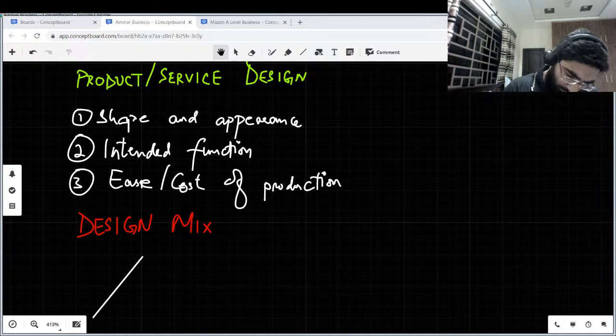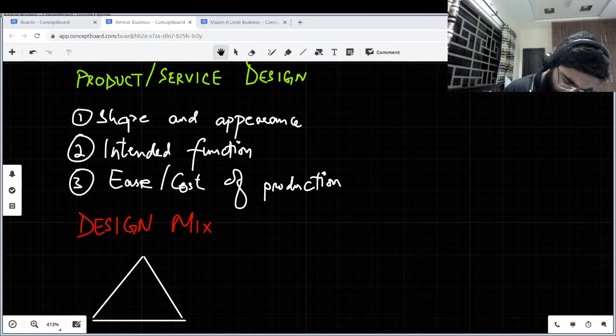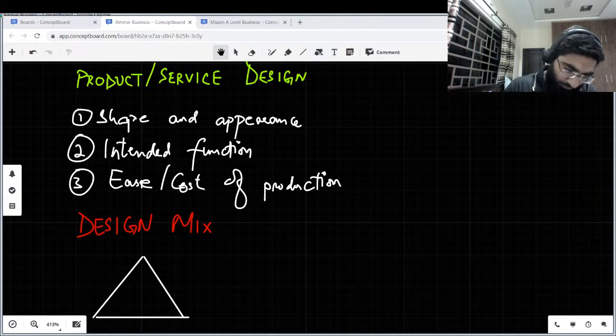So this, this, and this. Okay, so the first one is function. The second one is cost.